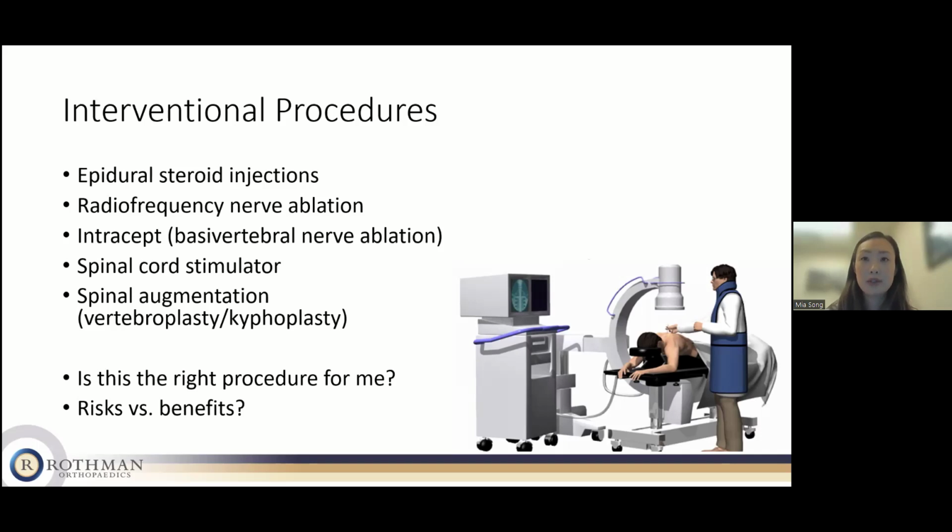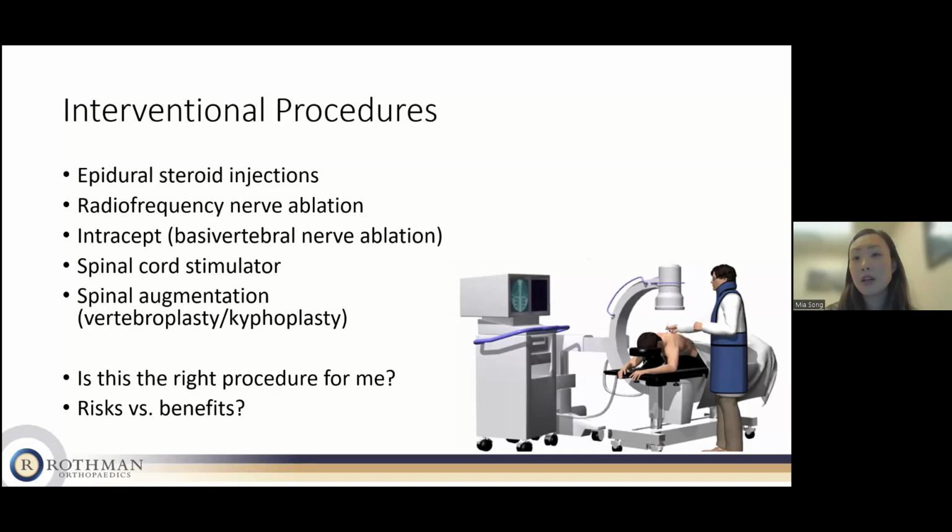A lot of times patients will have imaging or other studies that show that you may have arthritis in your back or some stenosis. But if it's not the cause or root of your pain, your pain generator, then doing certain procedures that may be helpful for other people might not always be the best option for you. That's where having that discussion and being evaluated by a physician in person and getting a lot of background information is really helpful, because I definitely would love to help you achieve better function and minimize your pain, but I also want to do things safely.